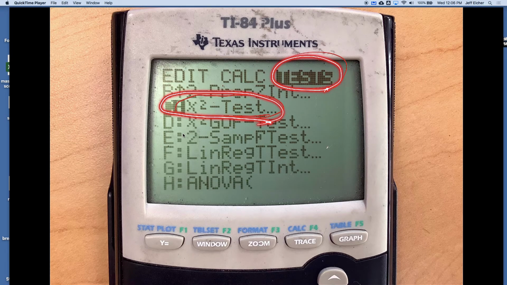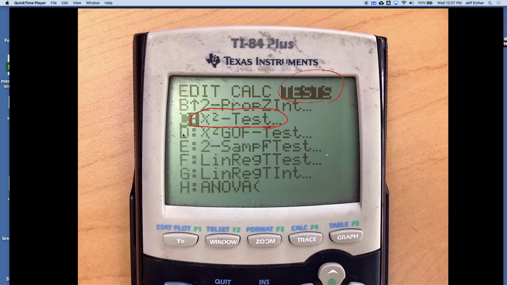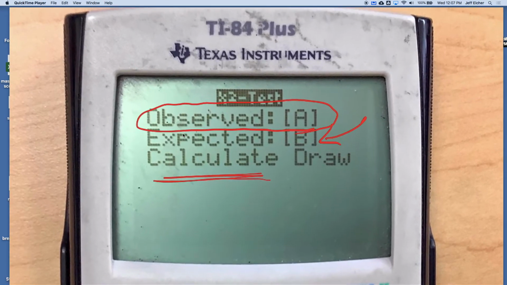And that's chi-squared test. So stat over to tests, chi-squared test. And then it looks like this. Are both of you good? You're on that menu? Yeah.